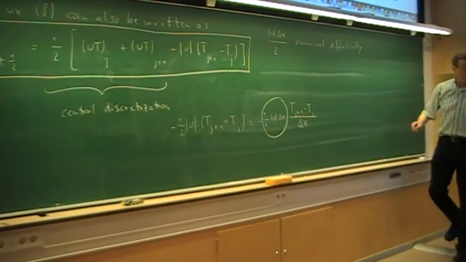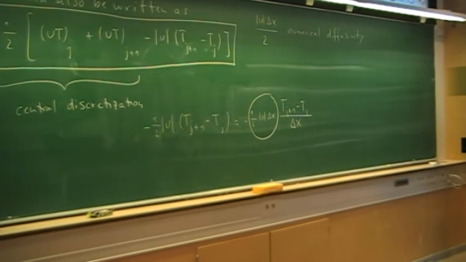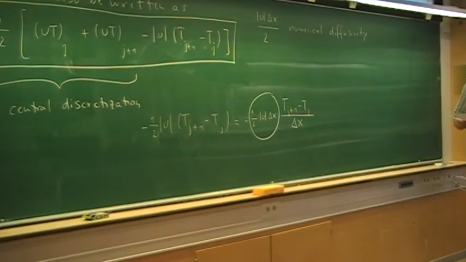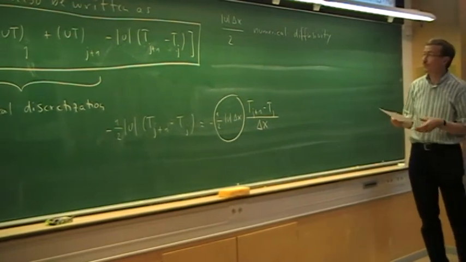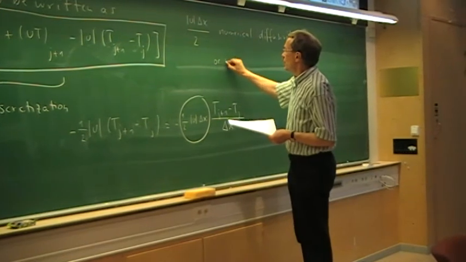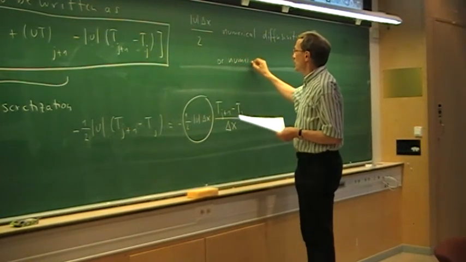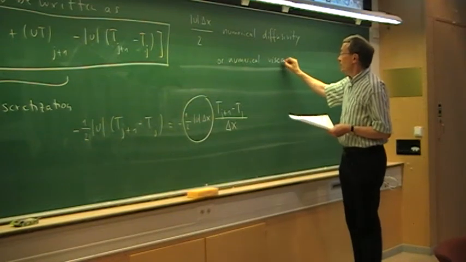What we have considered in the heat equation, that was the thermal diffusivity. That this is a physical quantity, but this is purely numerical. And another name is also, it's also called numerical viscosity when it comes to problems involving the momentum equation.